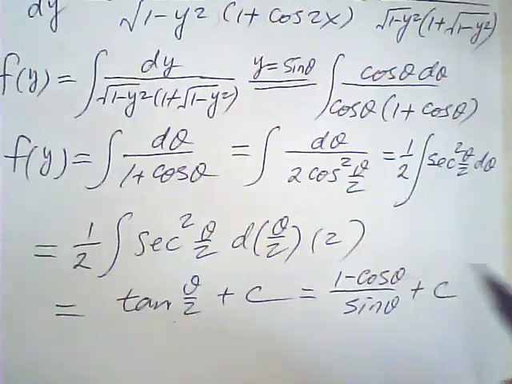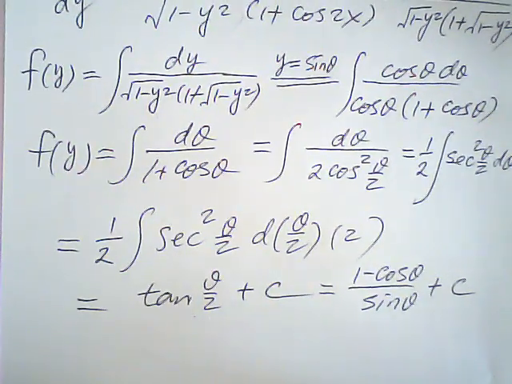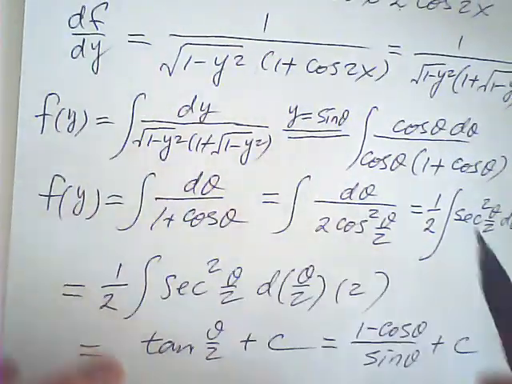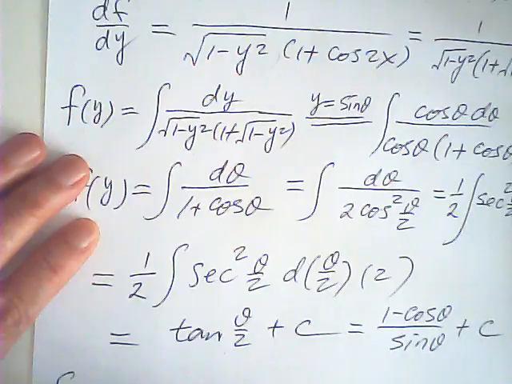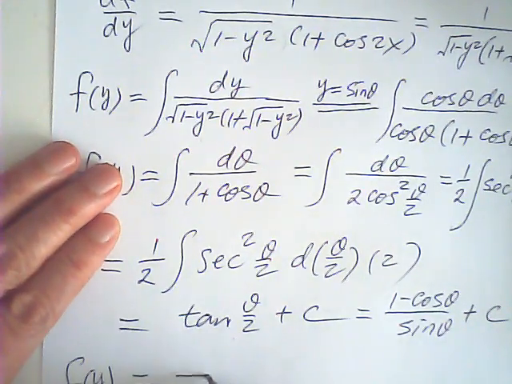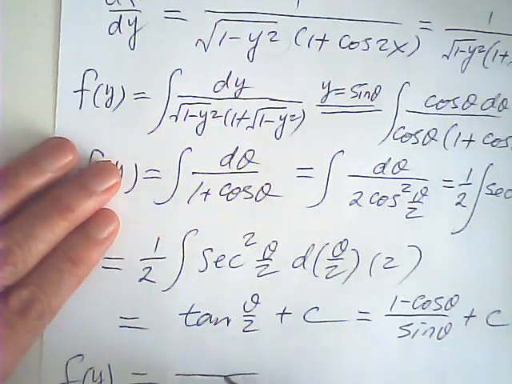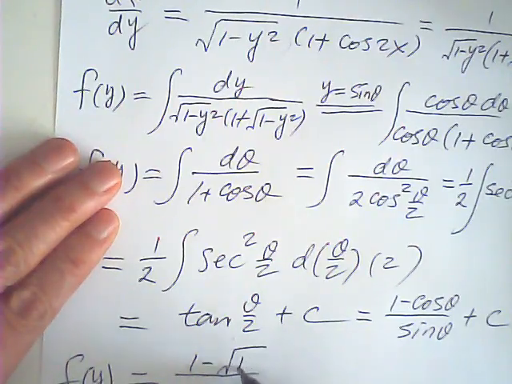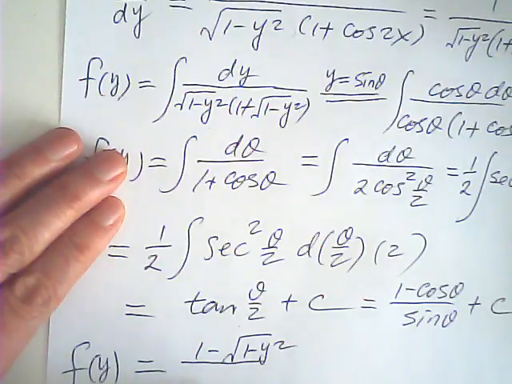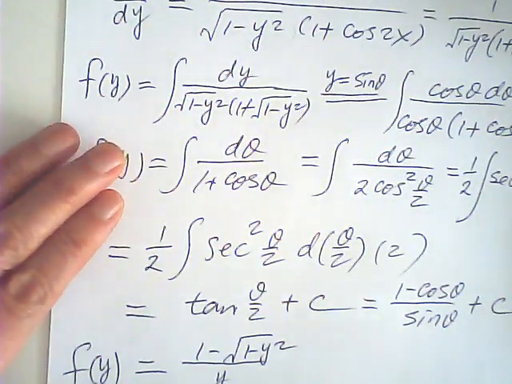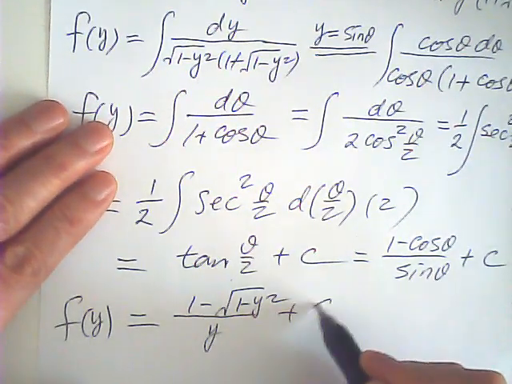This is tangent half theta. And sine theta is y, right? So f of y is equal to (1 minus square root of 1 minus y square) over y, plus c.